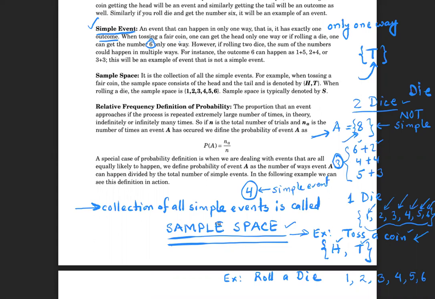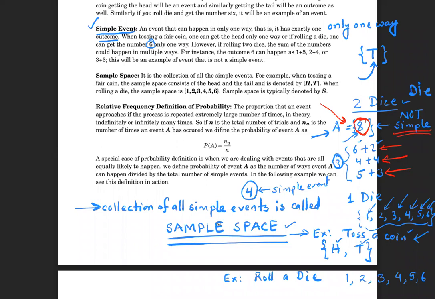Unlike this one, if you roll 2 dice and you're looking for the outcome of 8, it could happen in 3 different ways, which is more than 1. So as long as it could potentially happen in more than one way, it will not be a simple event. I don't know if we use the word complex event; that's not so common.